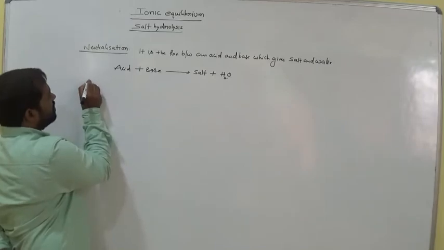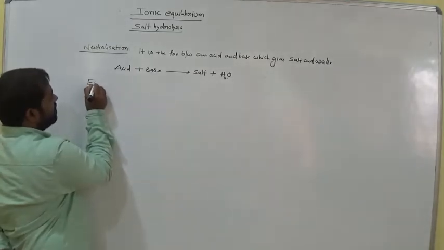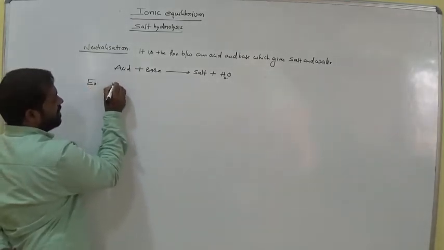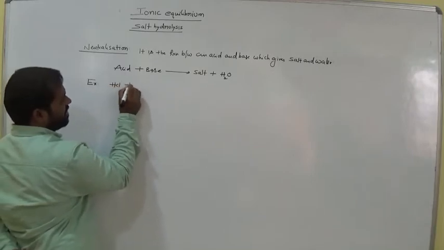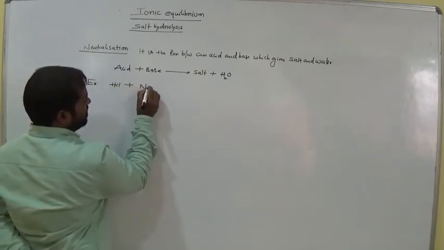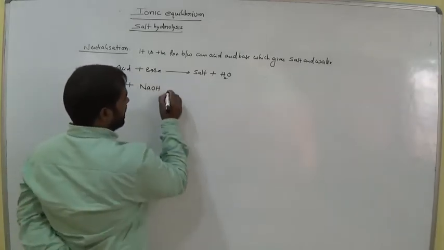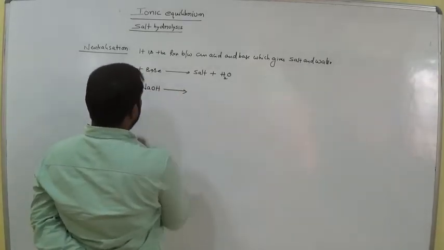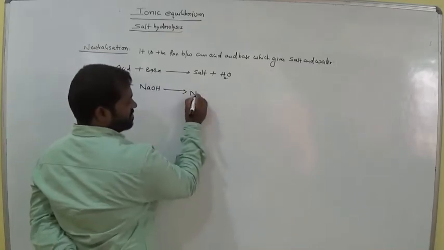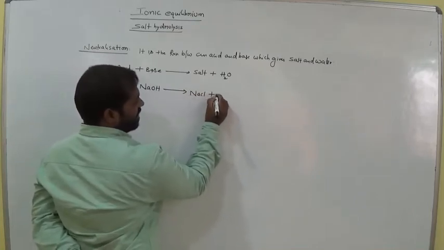So example, let's see the example. HCl, hydrochloric acid, and the base NaOH, it gives rise to NaCl, sodium chloride, and H2O.